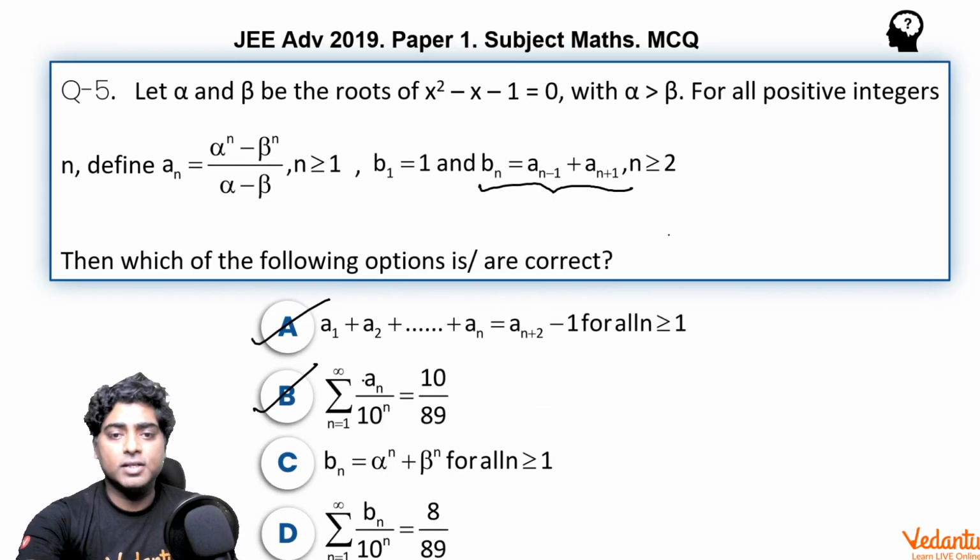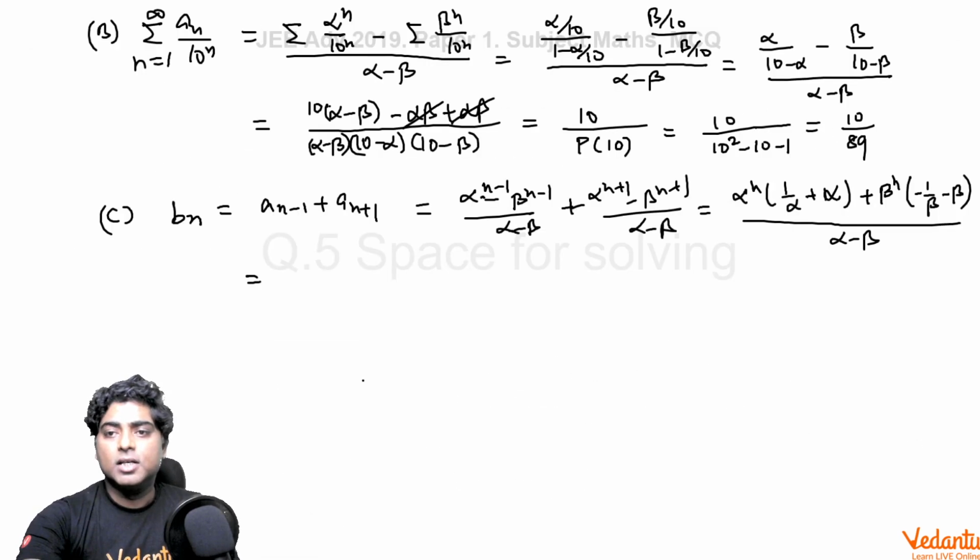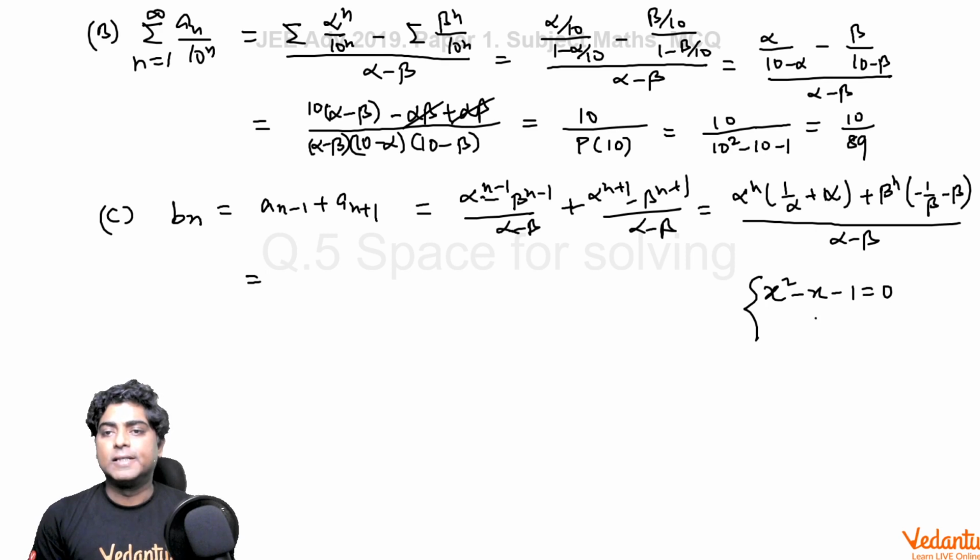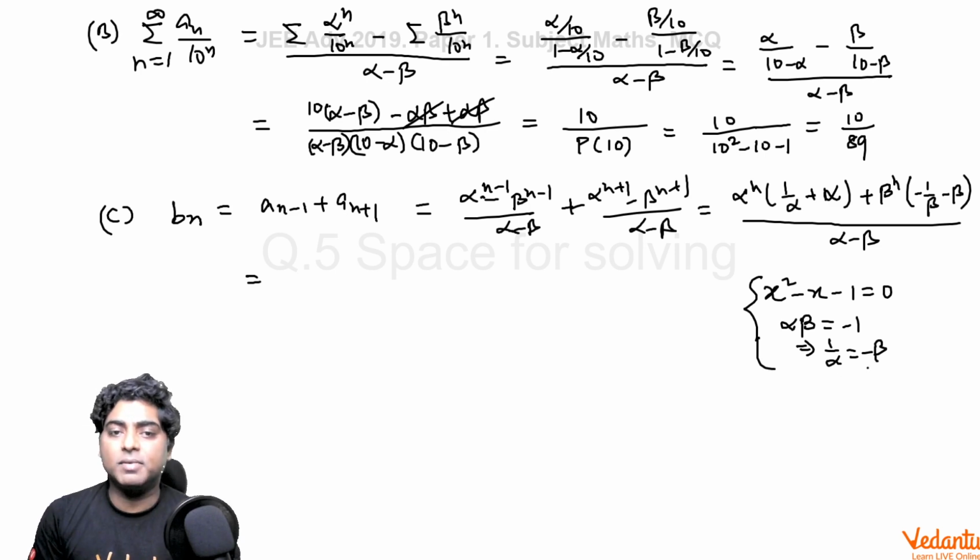You should also check the right hand side of option C, alpha raised power n plus beta raised power n. Now, as the equation was x square minus x minus 1 equal to 0, can I say the product of roots is minus 1? So 1 by alpha can be written as minus beta, and similarly 1 by beta as minus alpha.